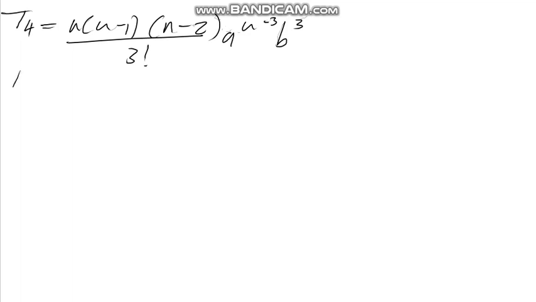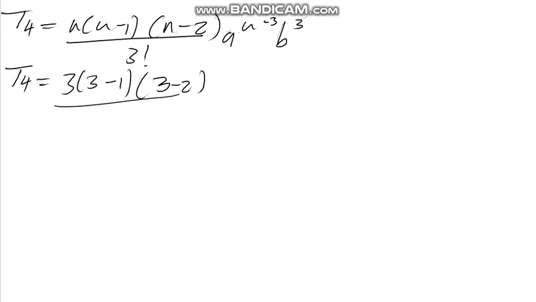Then t4 will be equal to 3 into 3 minus 1, 3 minus 2, divided by 3 factorial. You can find the factorial on your calculator, so you don't have to say 3 times 2 times 1. Factorial means you are counting down. If this was 4, you'd say 4 times 3 times 2 times 1. In the previous one it was 2 factorial, meaning 2 times 1.